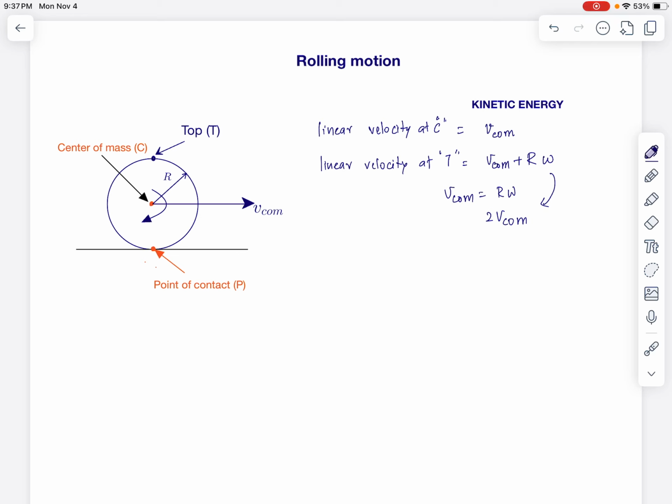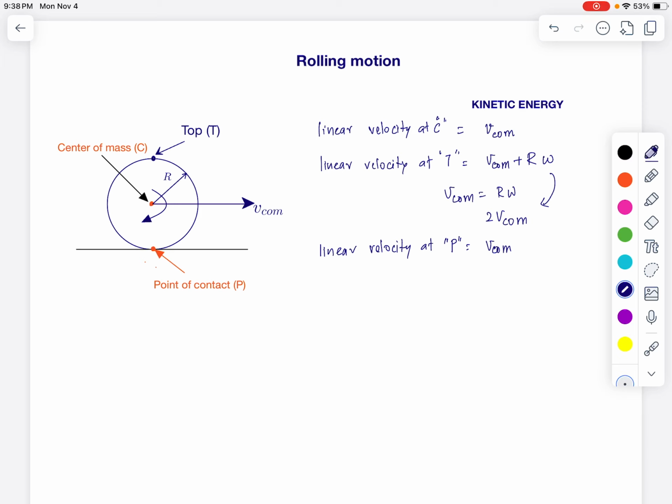If we look at point P, the point of contact, the linear velocity at point P equals V center of mass, and we realize that this point has a component due to rotational motion that is moving in the opposite direction.